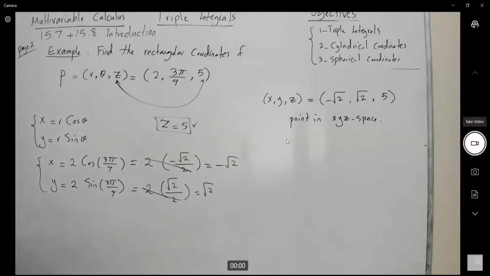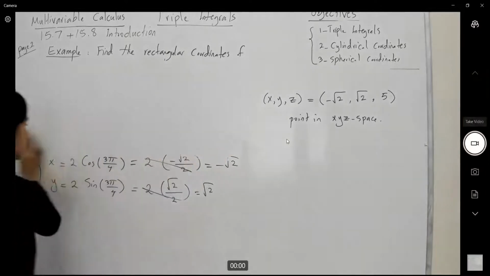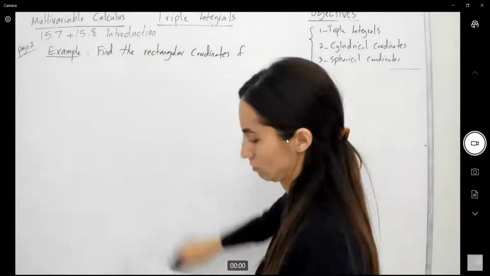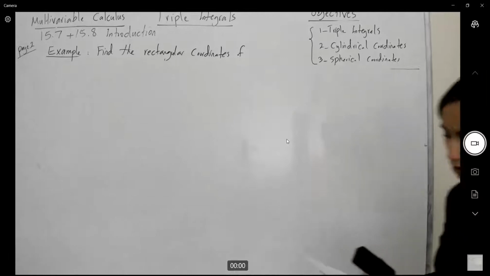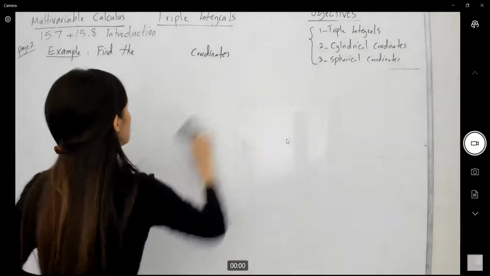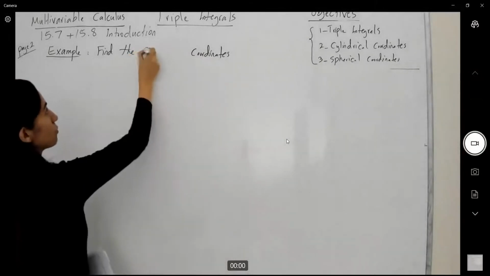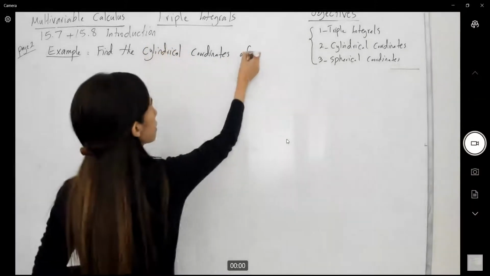Next example, on page 2. In this example, we have: find cylindrical coordinates for the following point. So now we have rectangular coordinates. We want to find cylindrical coordinates of this point.